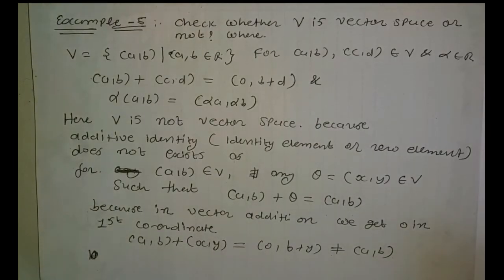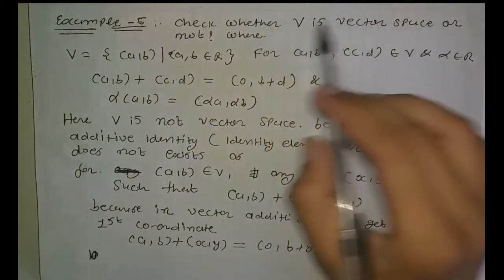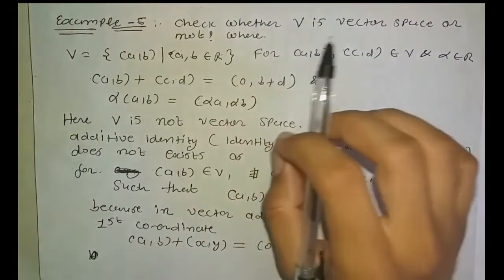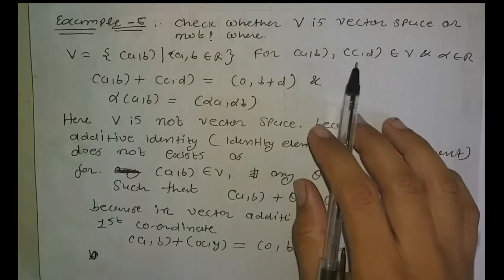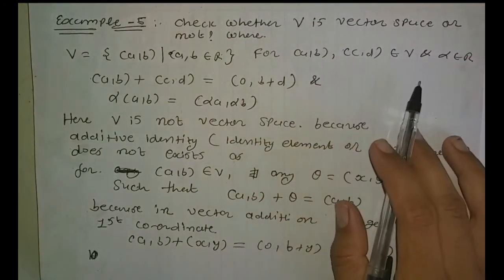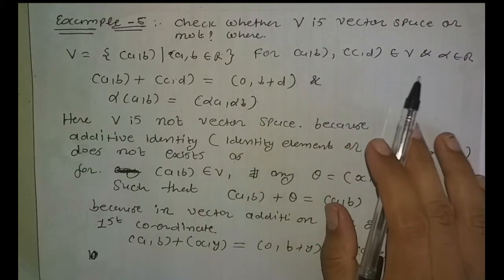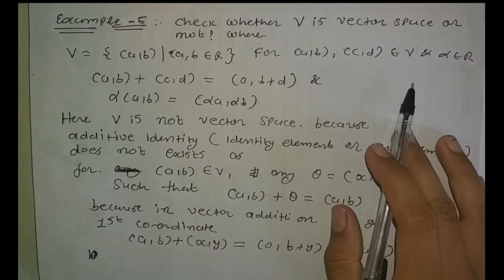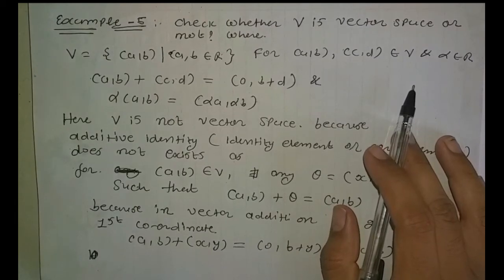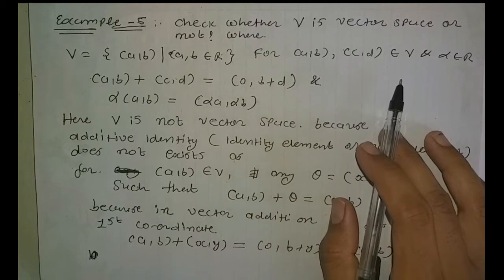Now our example number 5 is to check whether V is a vector space or not. First of all, in this example we don't try to prove V is a vector space. We first try to find any property which is not satisfied by the given binary operation. Sometimes it is possible that all the properties are satisfied and only one property is not satisfied.